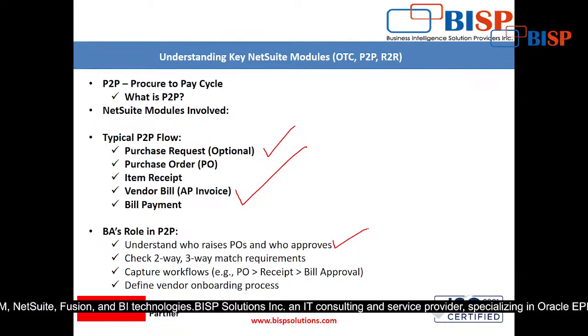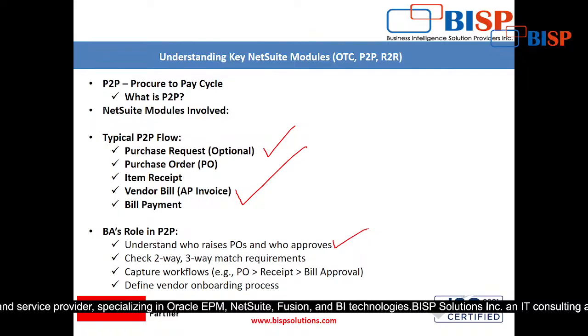who creates the purchase order, who converts that purchase requisition to a purchase order, and then who approves the purchase order. Is there any limit or condition to approve the purchase order, or any range, where from this range to that range only this person will approve, and from that range to another range any other person will approve?